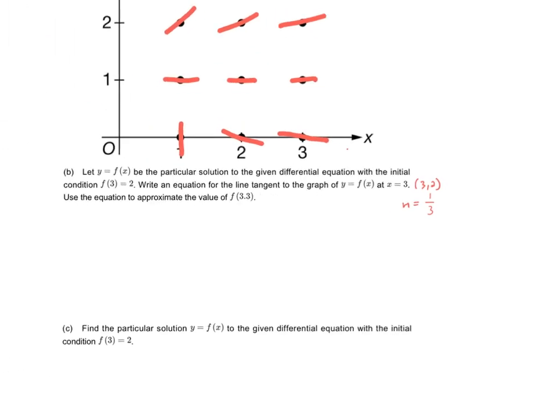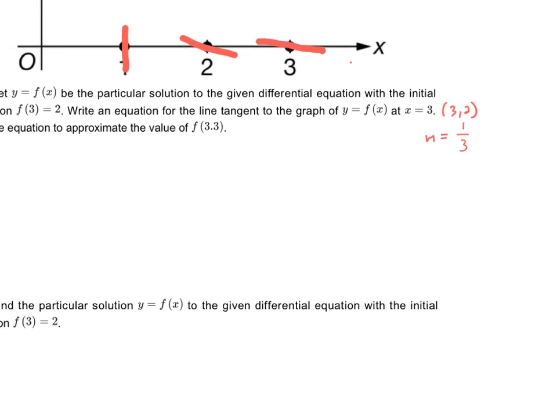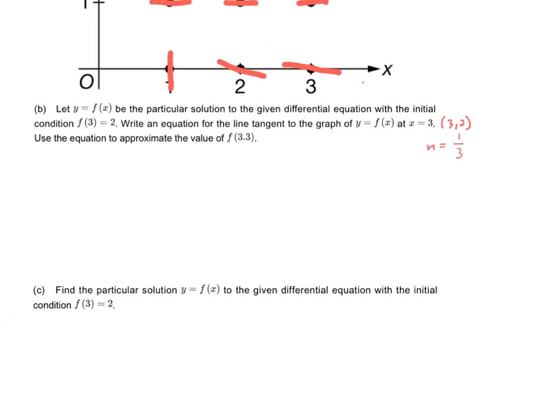Alright, now we'll find the equation of the tangent line. We'll start off with y equals mx plus b. We'll plug in the point and the slope, and we can see b in this case has to be 1. So now our line is y equals 1/3 x plus 1.